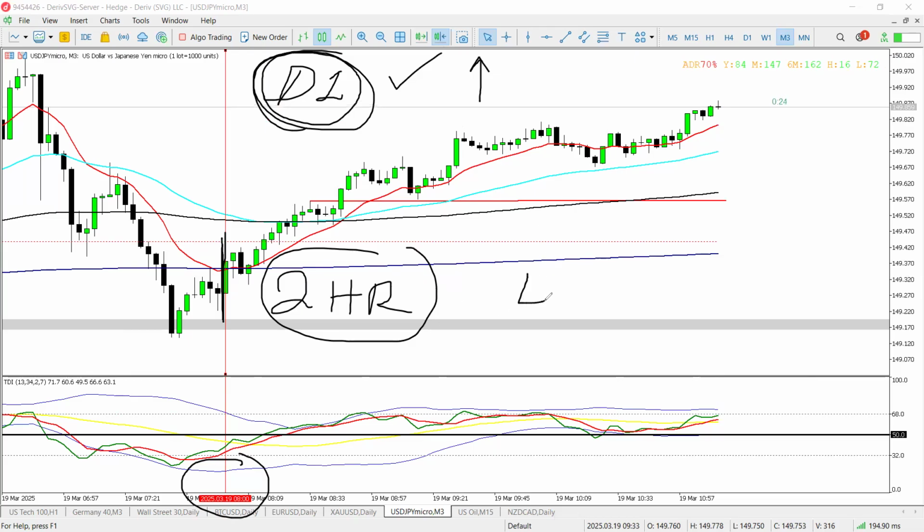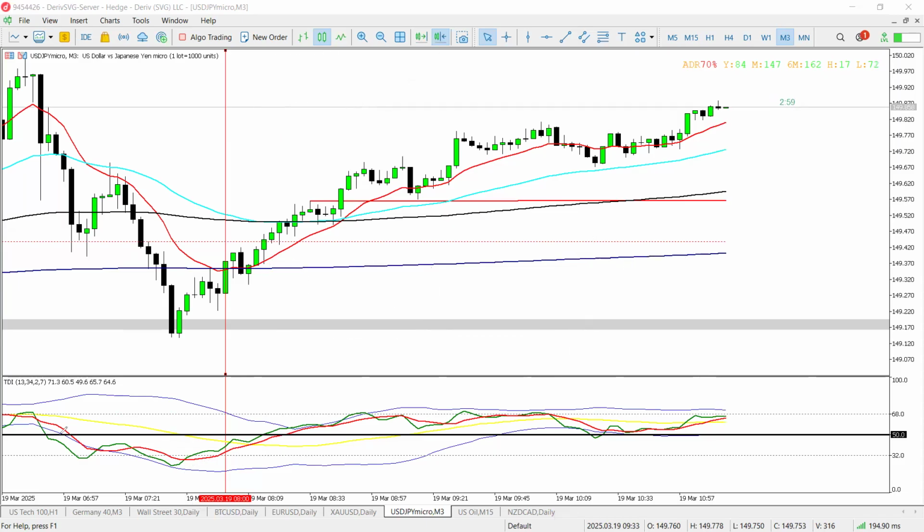I'm looking for a pin bar, a bullish engulfing, a doji, or an inside bar. If I can get any of these candles with confluence, happening right on the 13 EMA, then automatically that's my entry. Either the price will play out or it will take me out, one of the two.